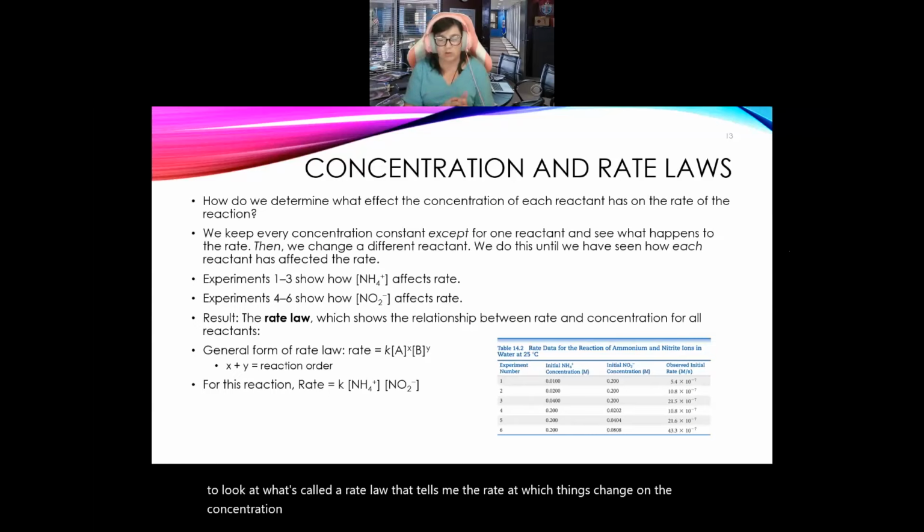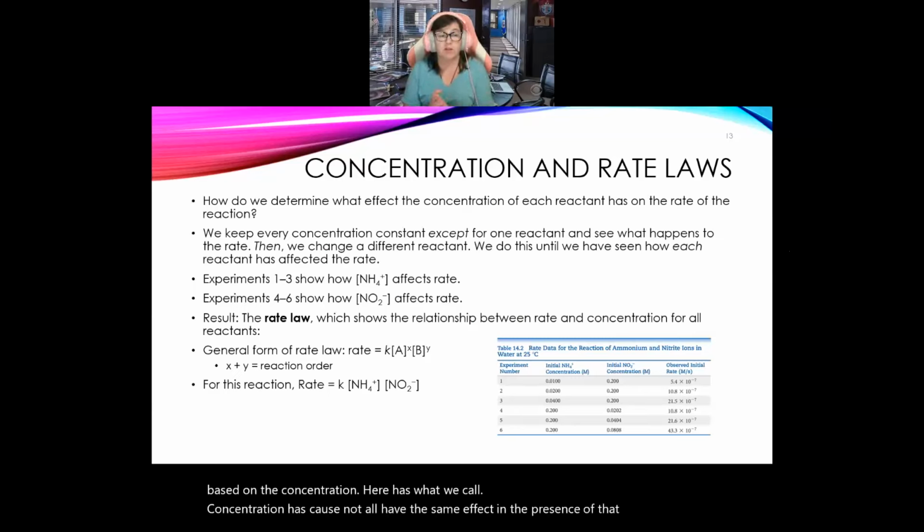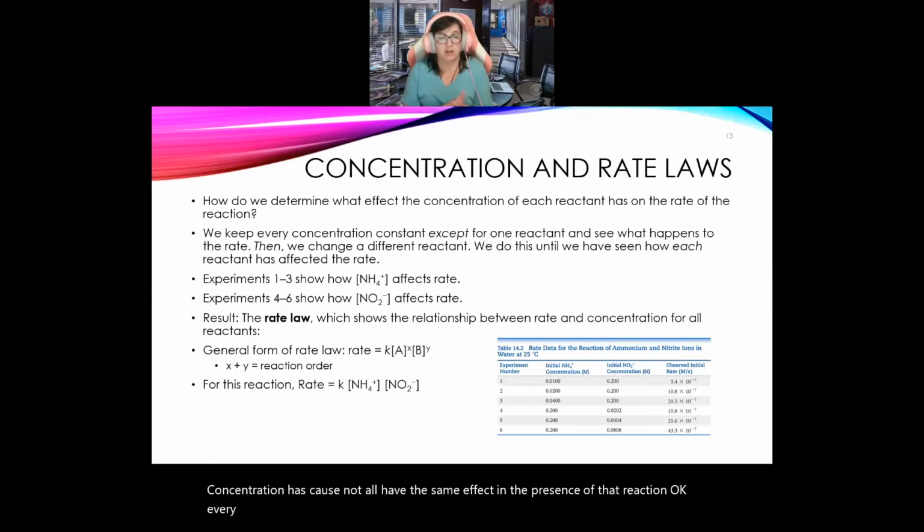And it has what we call a rate constant, okay? So how do I determine what effect that concentration has? Because not all of them have the same effect in the reaction. We keep everything constant except for one thing. And when we change that one thing, we see what happens to the rate of that reaction, okay?